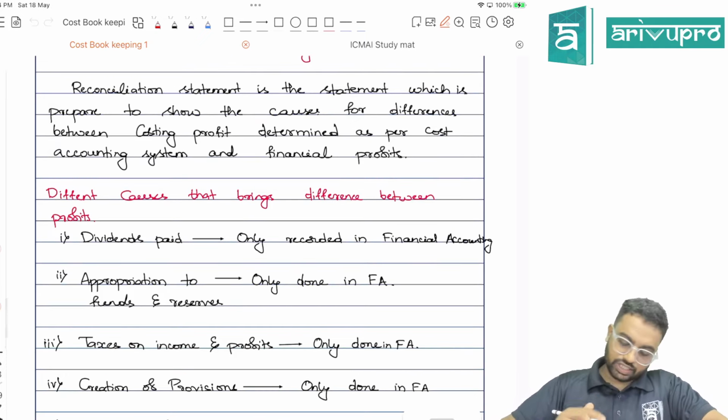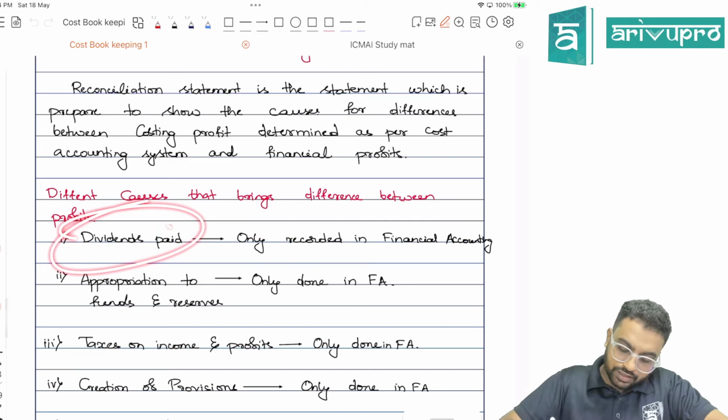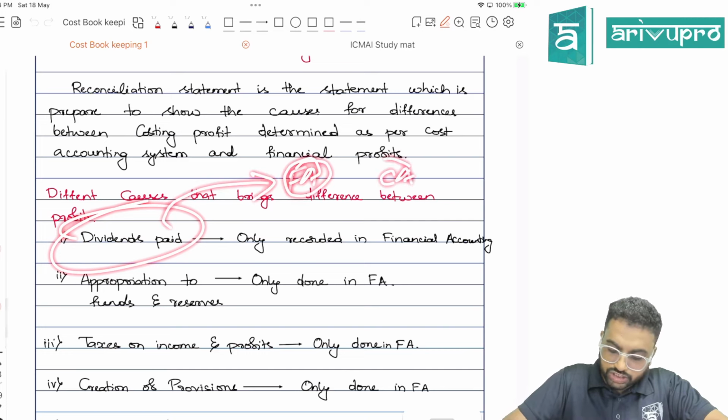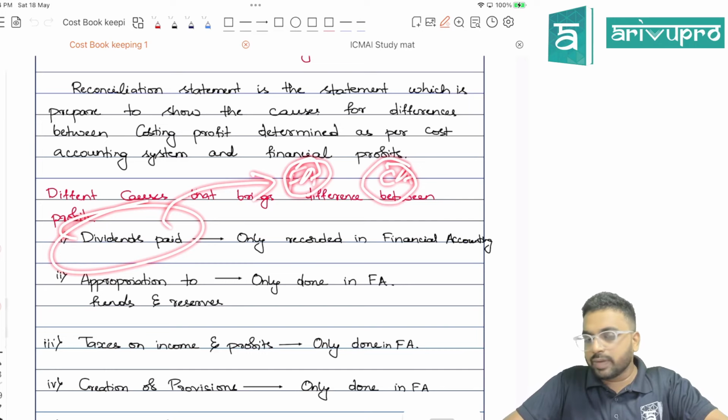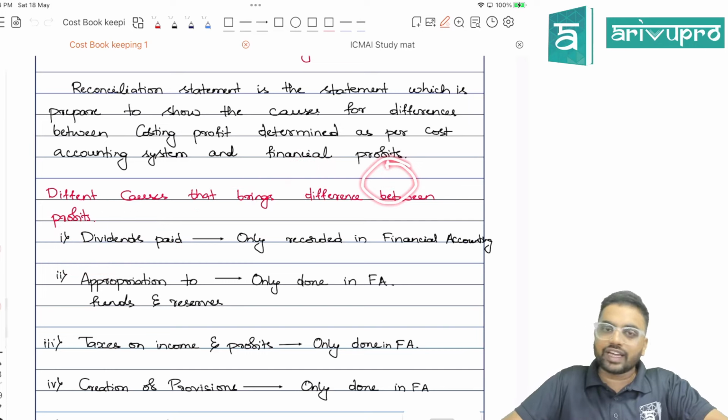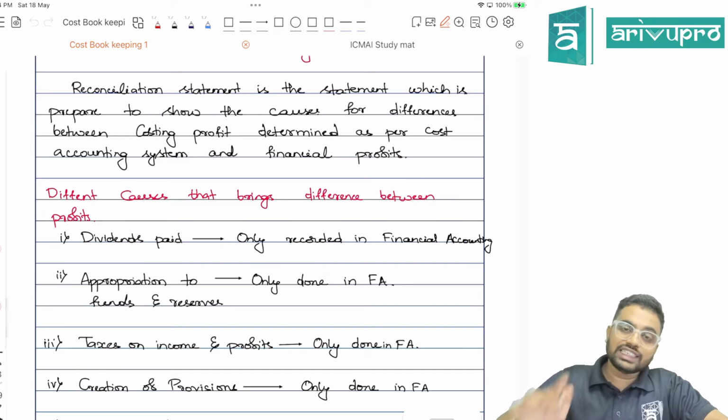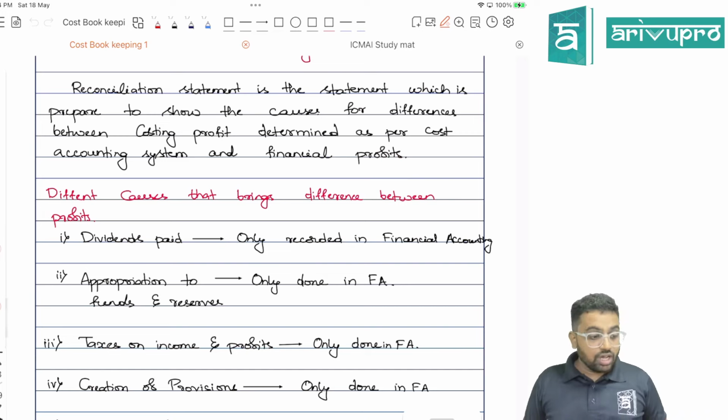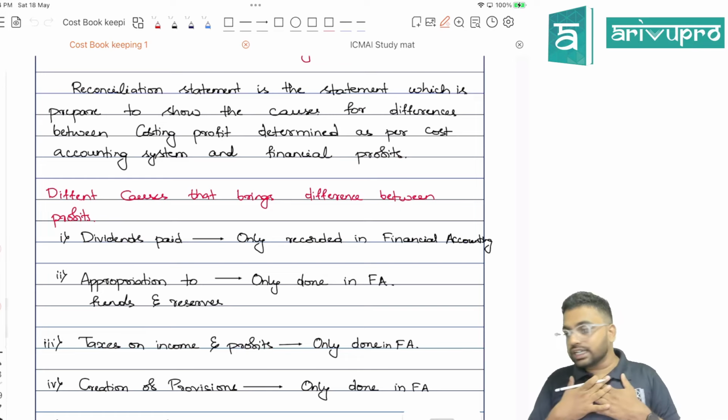Moral of the story is very simple. Dividends paid are recorded only in the financial accounts but not in the cost accounts. So this is one of the causes for the difference. Sir, how to reconcile it? That I will explain.